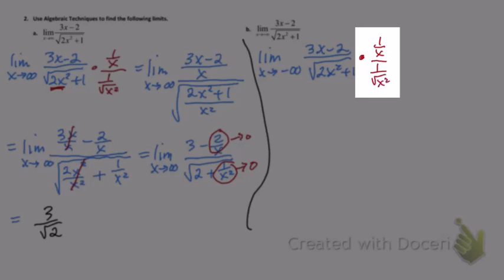I can still say this, but I've got to say, all right, that might end up being negative. So I'll put a negative sign out front.